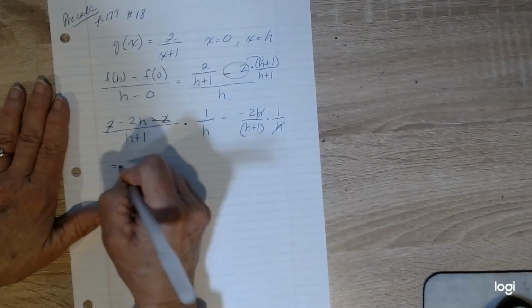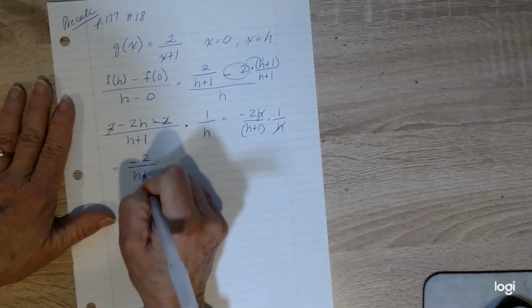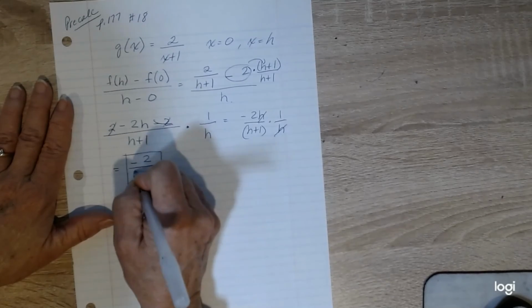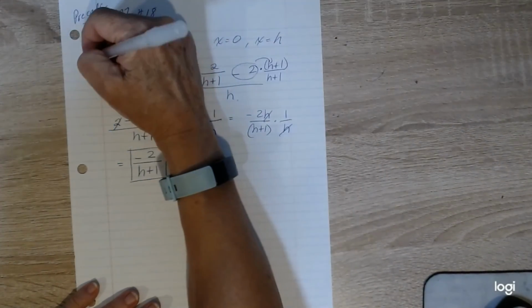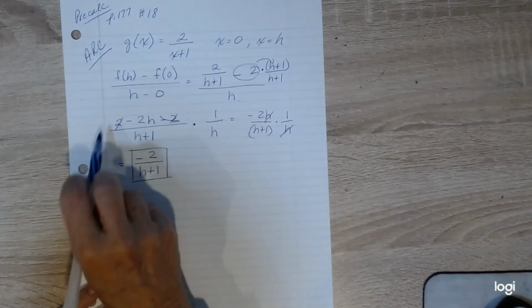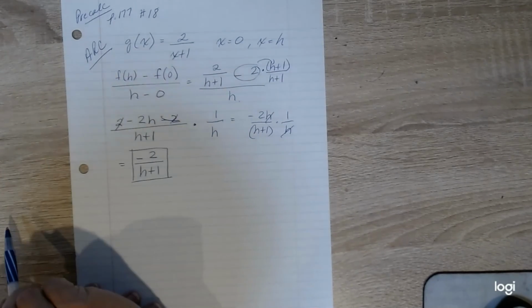So my final answer is just going to be negative 2 over h plus 1. Okay, so that's going to be the result of these inputs. This is my average rate of change, okay? This is actually using the arc formula, which is just the slope formula, all right?